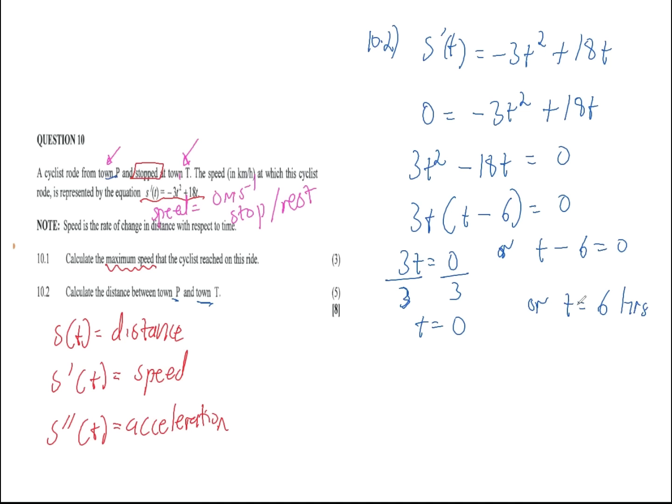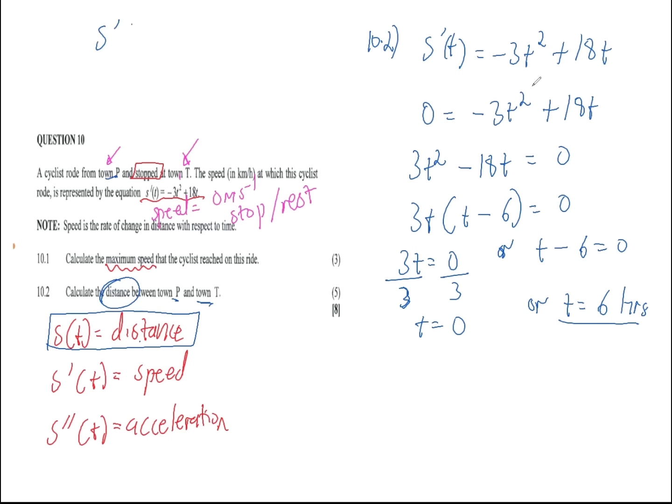So obviously, we have to continue with t equal to 6 hours. But remember that in order for us to calculate the distance, we would have to actually do this. So remember that the distance is represented by this formula here, right? S(t), distance. So how do I get this to that, right? So this is S'(t), right?